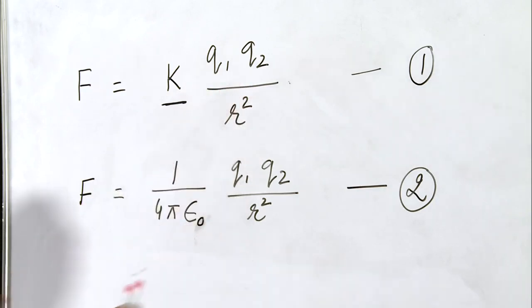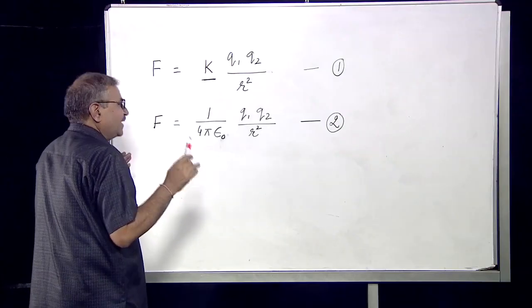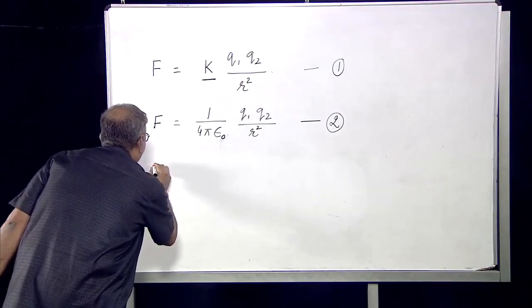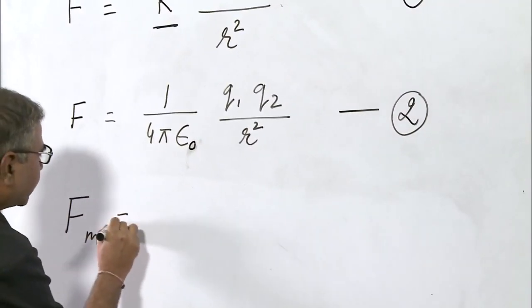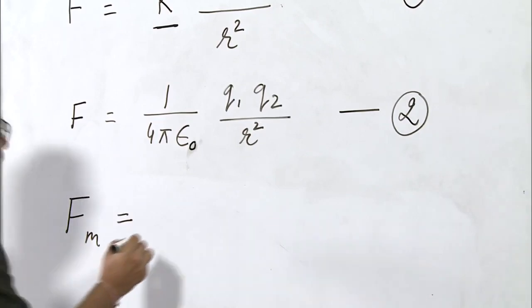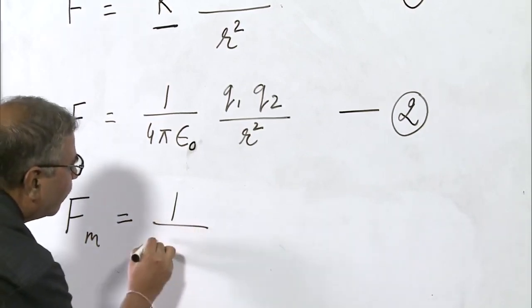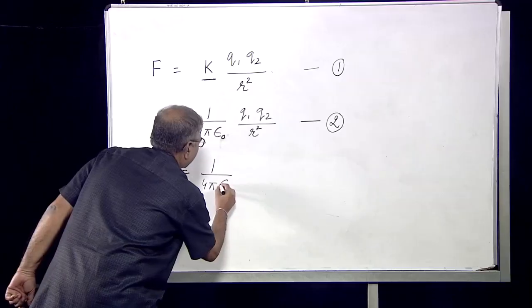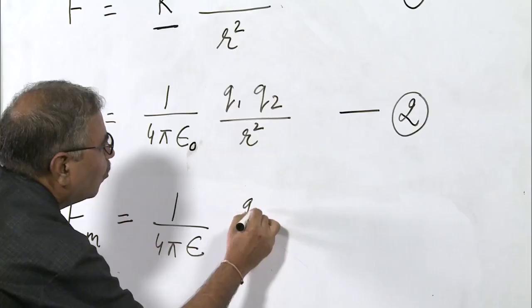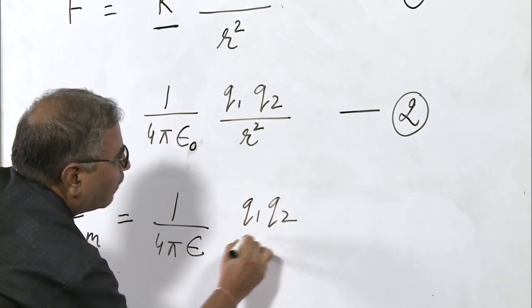as the spacing between these two charges Q1 and Q2 is free space or vacuum. If these two charges Q1 and Q2 are kept in a medium, then the force between these two charges can be written as F medium is equal to 1 upon 4 pi epsilon Q1 Q2 upon R square.